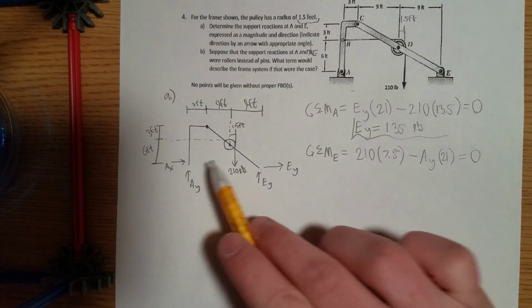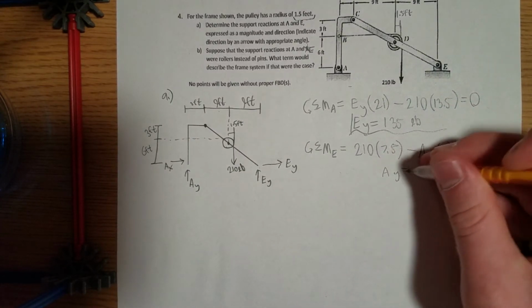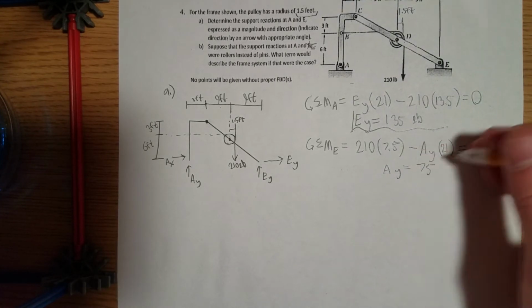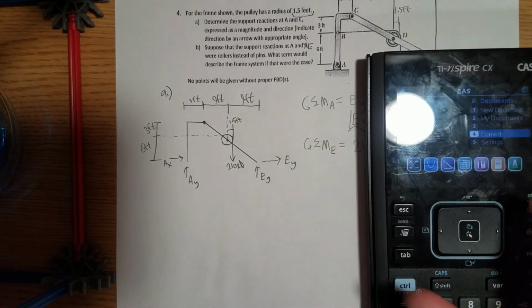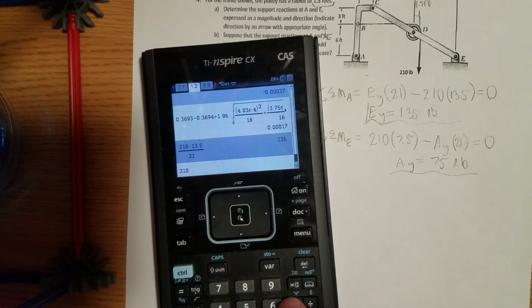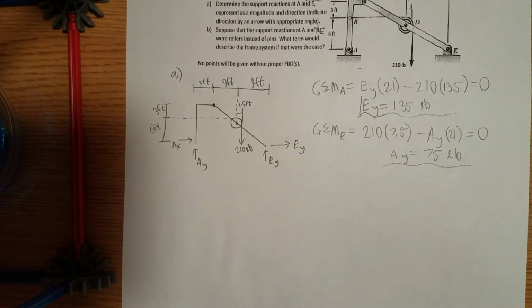Those should be the only two forces causing a moment about E. So we figure this out. There should be 75 if I do the math in my head correctly. But I don't trust myself sometimes, so I'm just going to calculate it out. And it is 75. Okay.